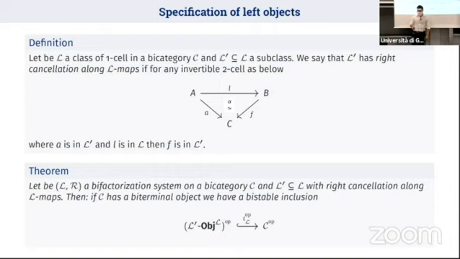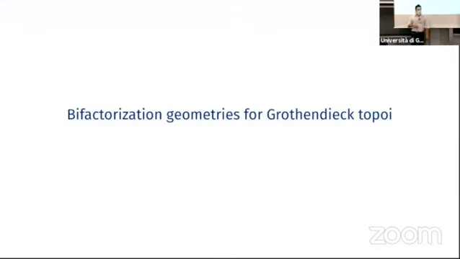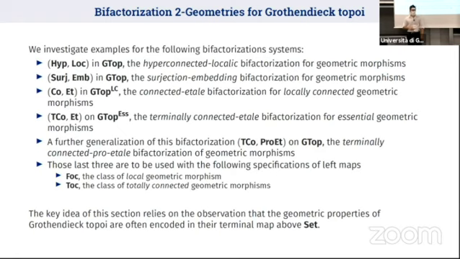And now I am going to apply this template in order to construct two geometries for Grothendieck topoi using factorization systems for geometric morphisms. So there are a lot of very cool factorization systems. For instance, the hyperconnected-localic factorization, the surjection-embedding factorization, and you can directly apply the first version of the construction to those ones.